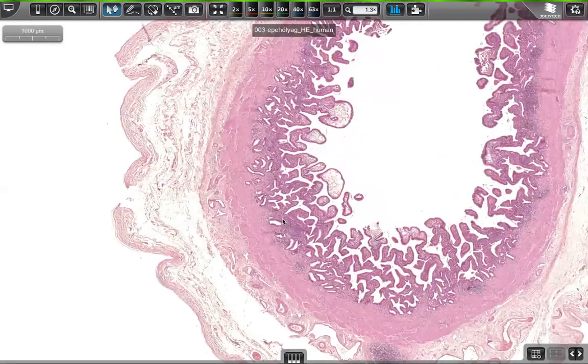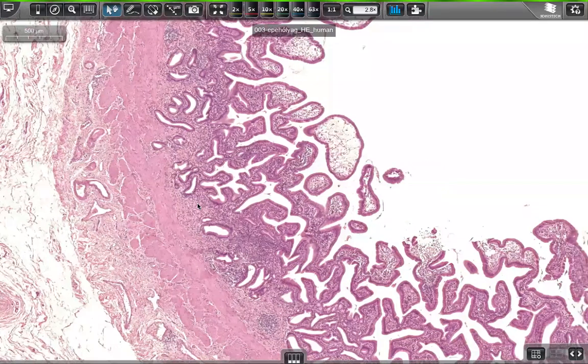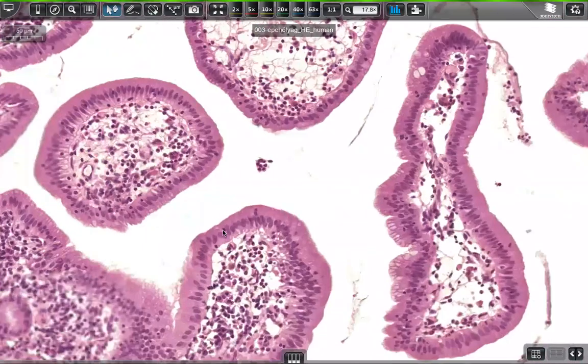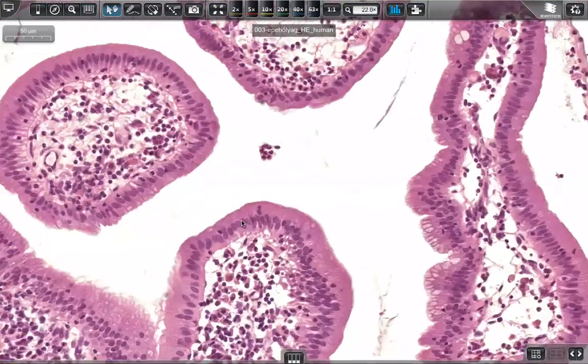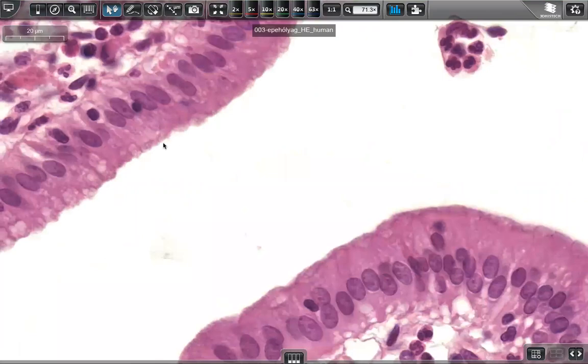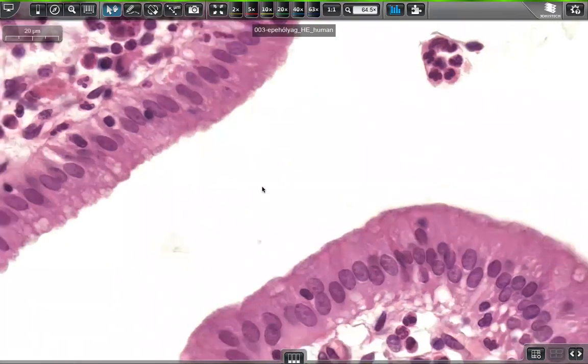So looking at this section of the gallbladder, here we have the mucosal folds lined by simple columnar epithelium, and this simple columnar epithelium at the top represents the microvilli. It's harder to see, maybe there.